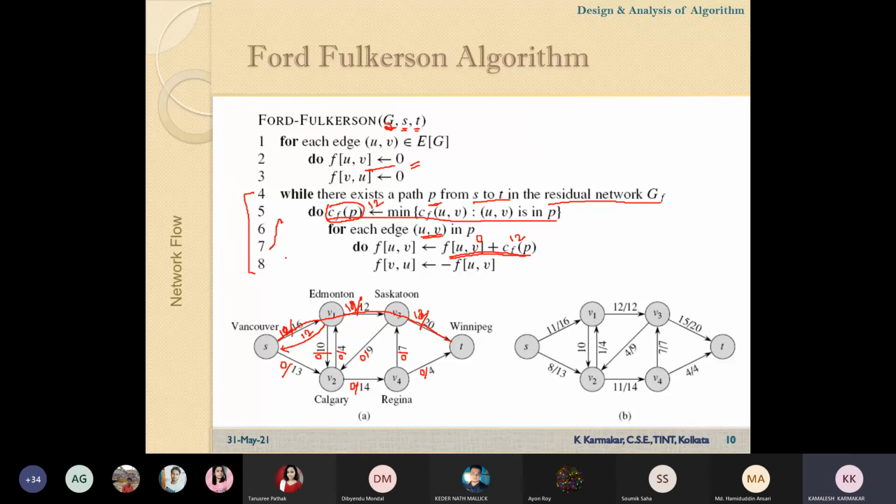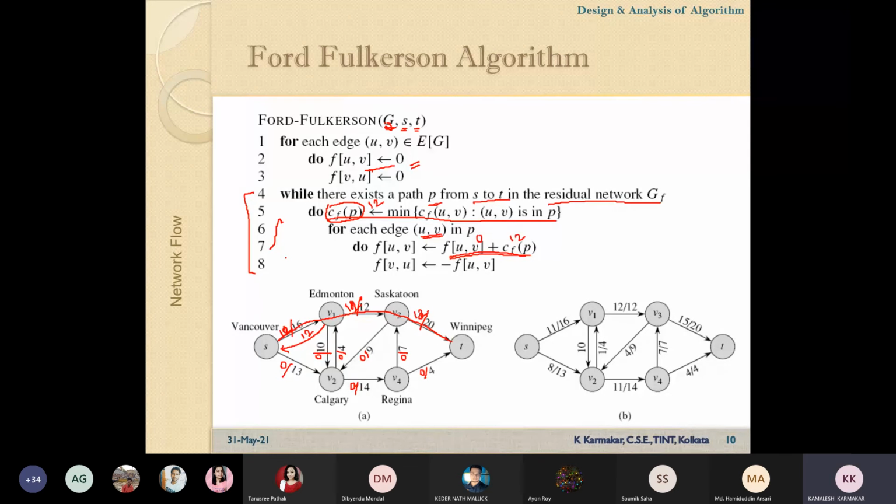You have to write a program by which you can solve this problem, and it will be given as an assignment in lab. Here in programming, the major challenge is finding the augmented path.